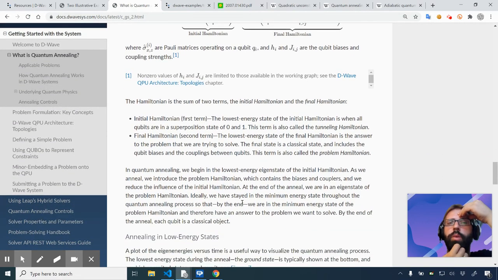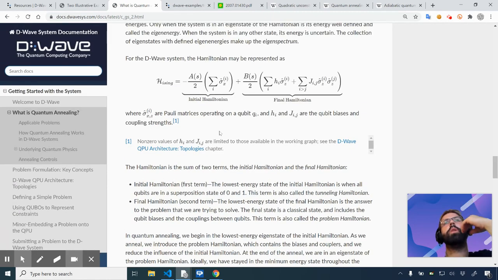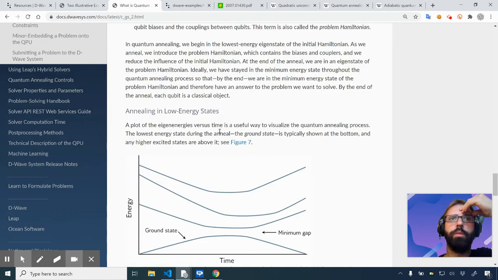I guess what we could do next is just go ahead and start with the implementation, but I'd like to understand why the QUBO form is the one that works.